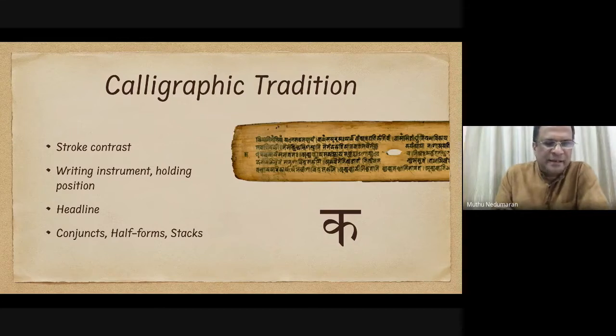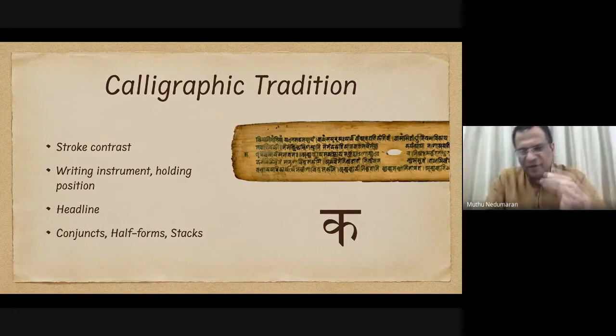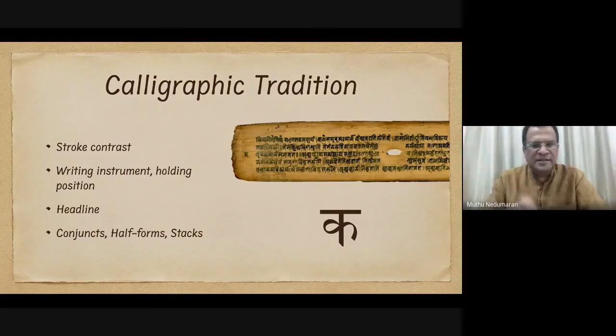Those conjuncts can appear in half forms, where you have two letters joining together horizontally, or in terms of stacks, where you have one letter appearing below the other without any change in size, probably condensed horizontally in the modern forms. So we see these kinds of properties, these kinds of attributes in the letters that were written using these tools.